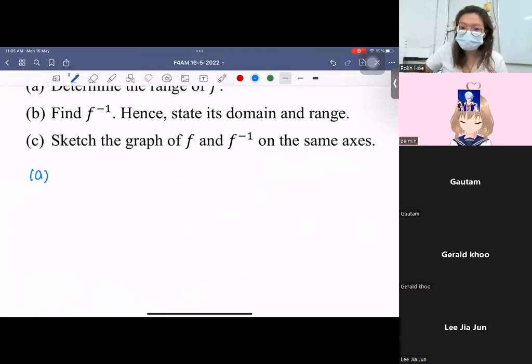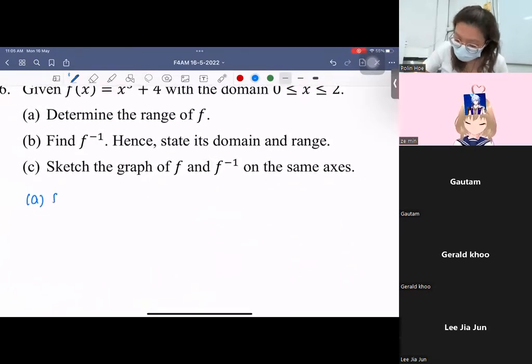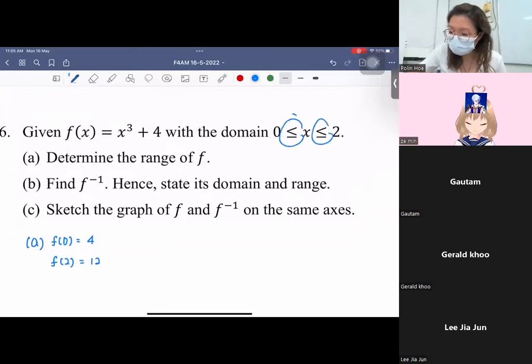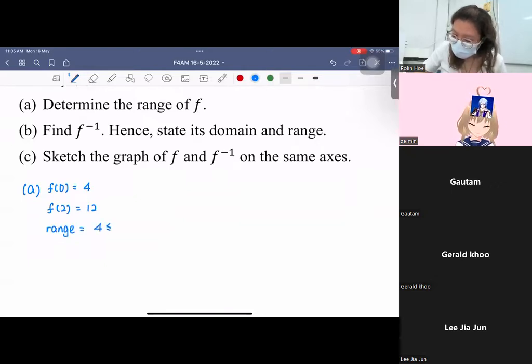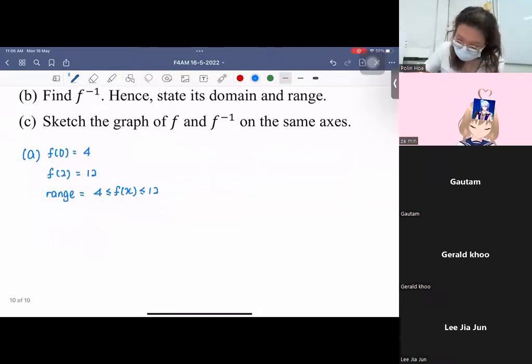The domain is between 0 and 2, so you have to find f(0) equals 4, f(2) equals 12, and both also with equal sign, so no problem. Range for f(x) is 4 to 12.